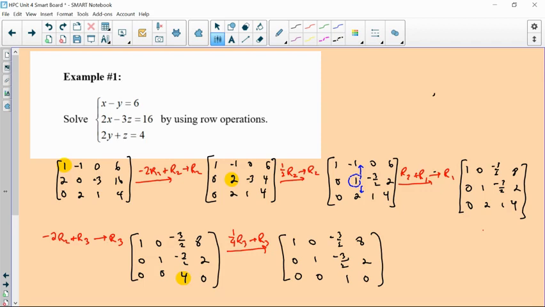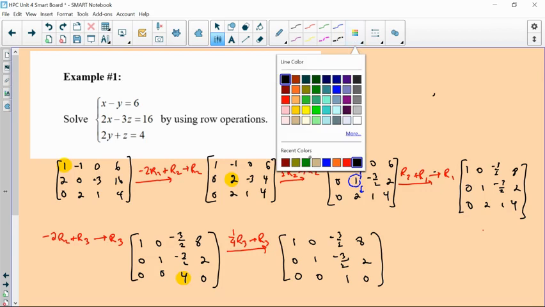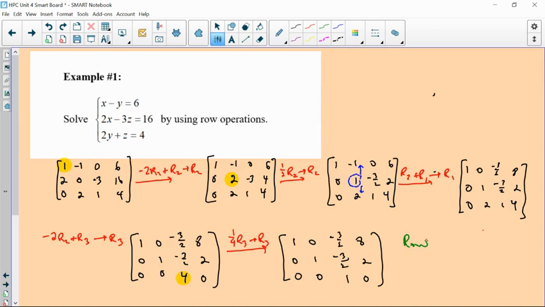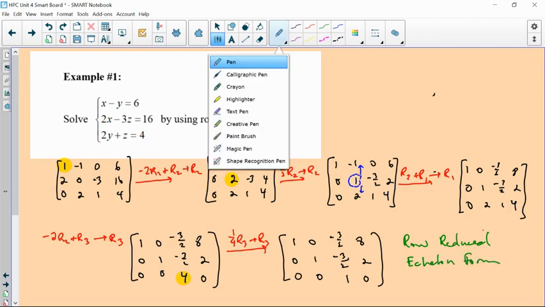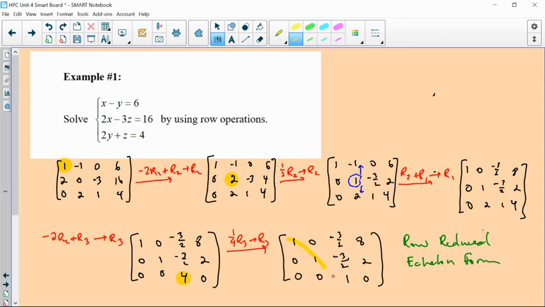To get this in row reduced echelon form, remember from the last video, row reduced echelon form not only has ones down the diagonal, which we have, but it also needs zeros in all the upper entries.